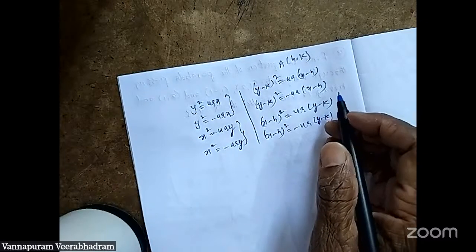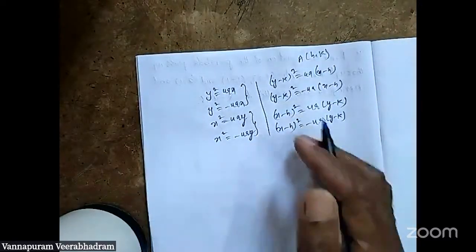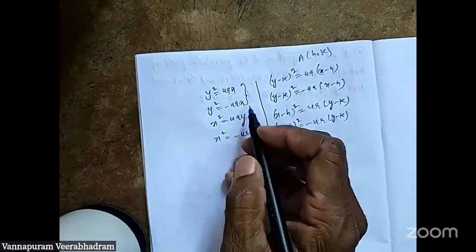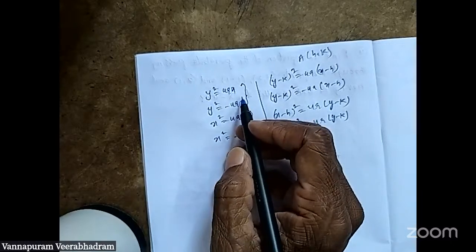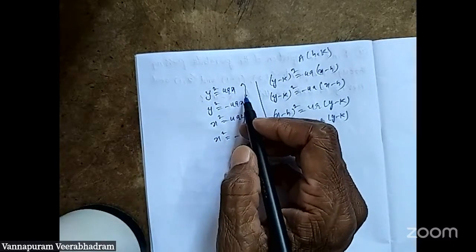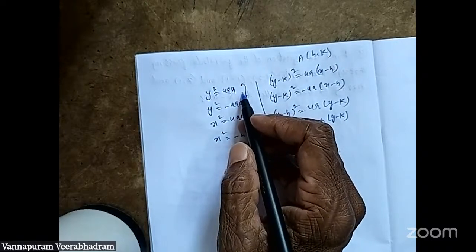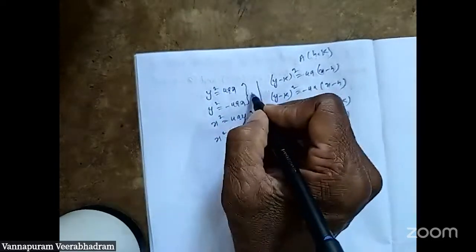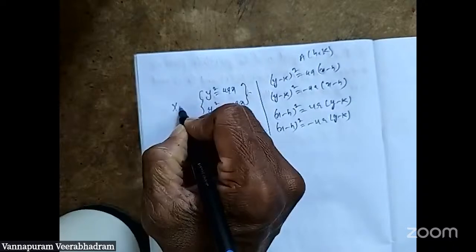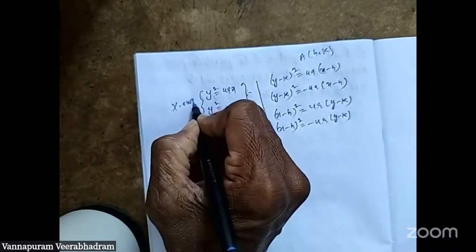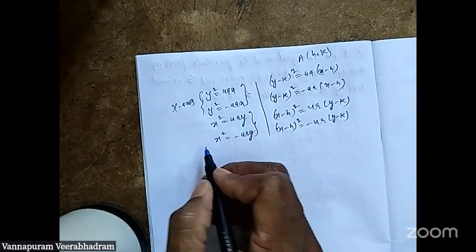Now observe all these equations. For the first two cases, the axis of parabola is x-axis. Here the axis of parabola is x-axis. Here the axis of parabola is y-axis.